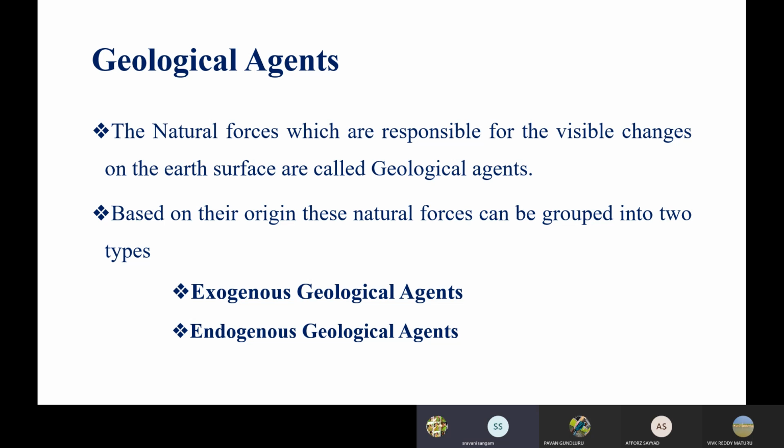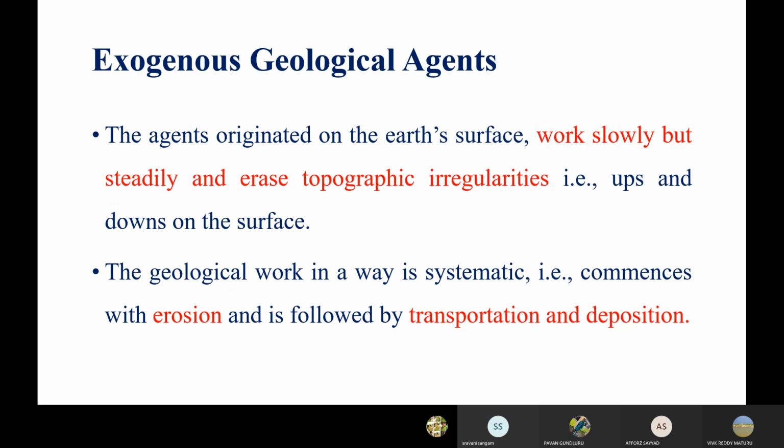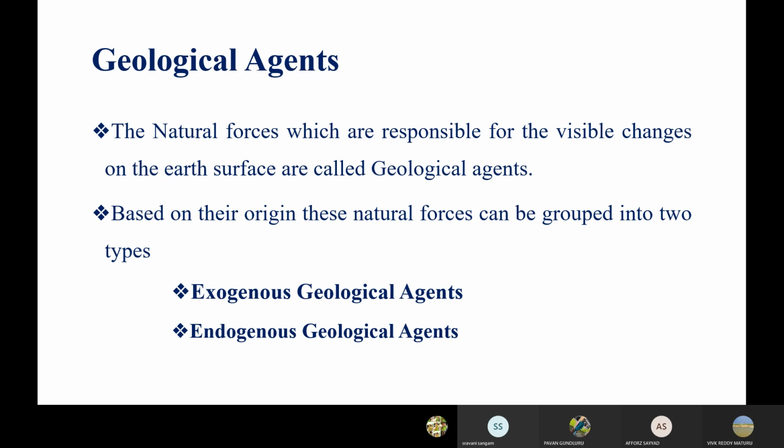Next one, geological agents. Here, what do geological agents mean?